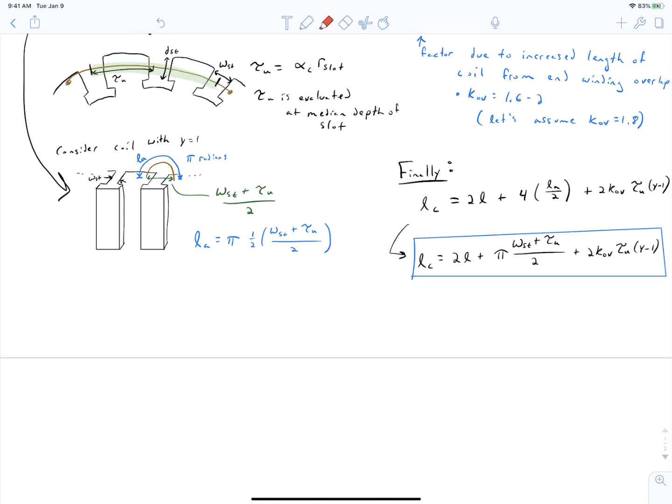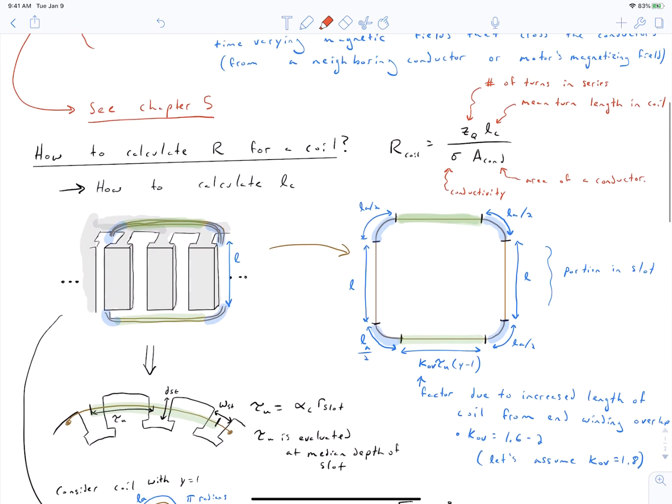So we now have the total length, or the average length of a turn, in our coil, and we can use that in the expression up here to get the resistance of a coil. Then we can go back to our winding schematic, our winding diagram layout, and determine how our coils are connected to get the complete resistance of a total phase winding.